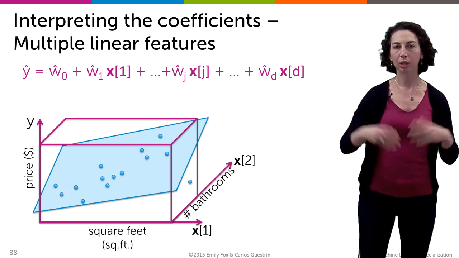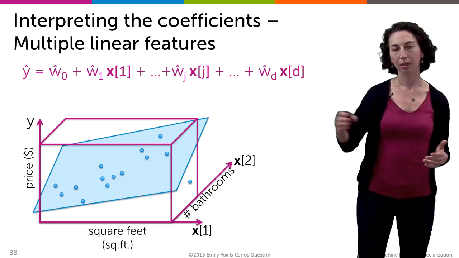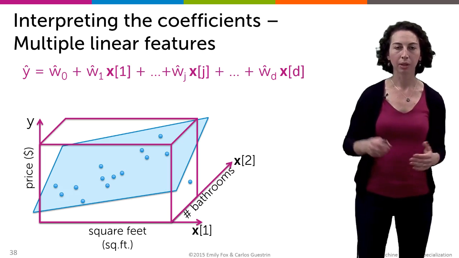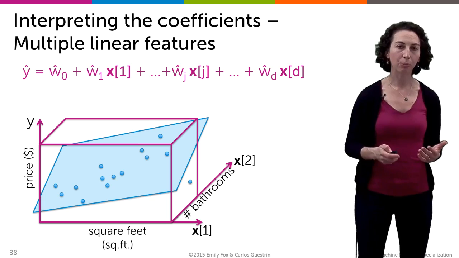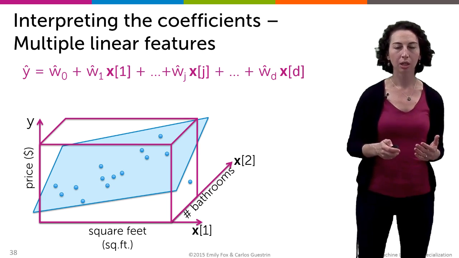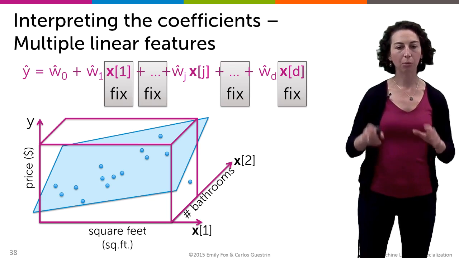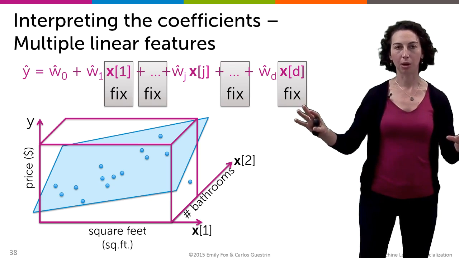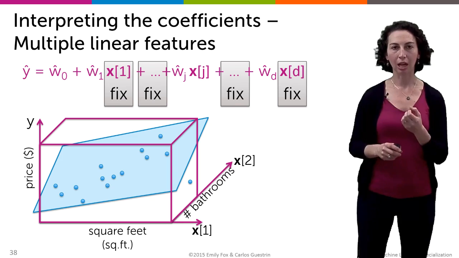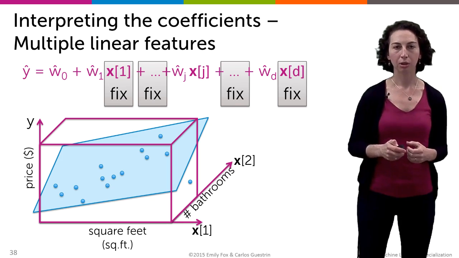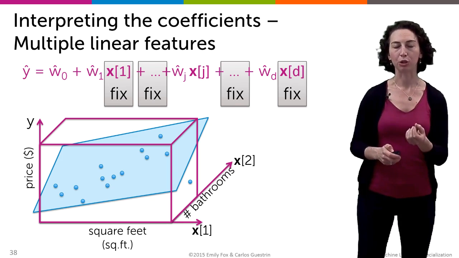Well, what happens when we go to a more general model with some little d different inputs? In this case, when we think about interpreting any given coefficient of our fitted model, we're going to fix all the other inputs in the model, and just look at that one that we can vary. So for example, number of bedrooms.